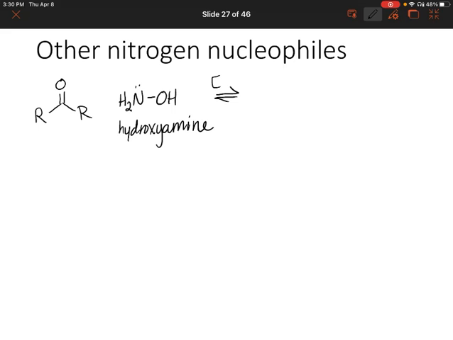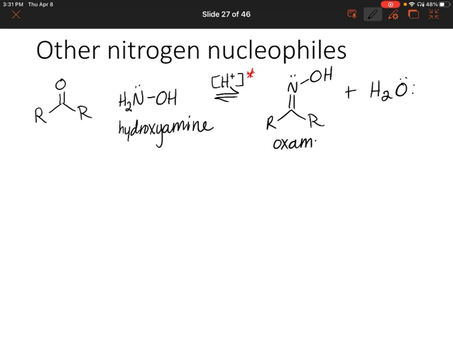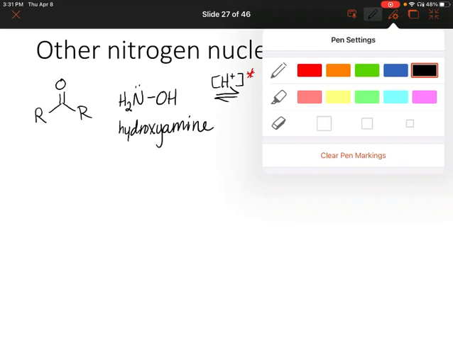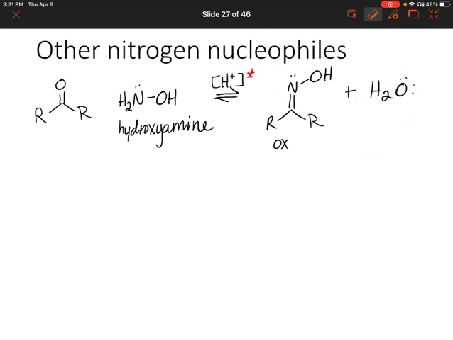And we're still going to use that same buffer that we were using previously. And this forms something called an oxime. And we won't go through the mechanism. It's pretty much the same as before. Oh, whoops, sorry, I spelled oxime wrong. It's oxime.